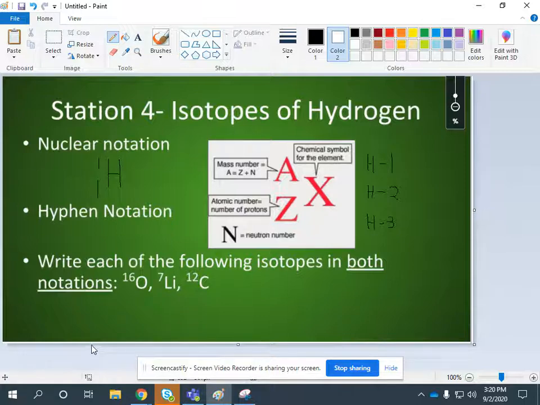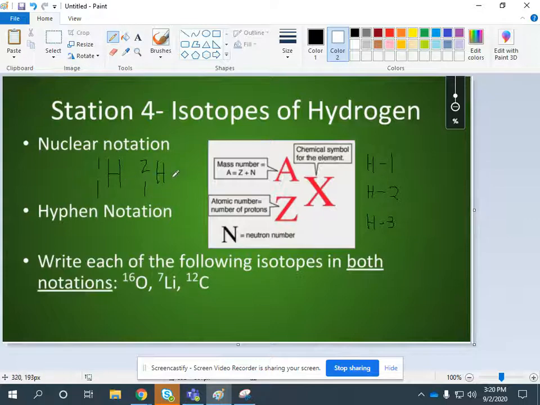If I were to write out the nuclear notation for deuterium, hydrogen 2, I would put the hydrogen symbol, big capital letter H, the mass number of 2 on the top, and the atomic number of 1 on the bottom.